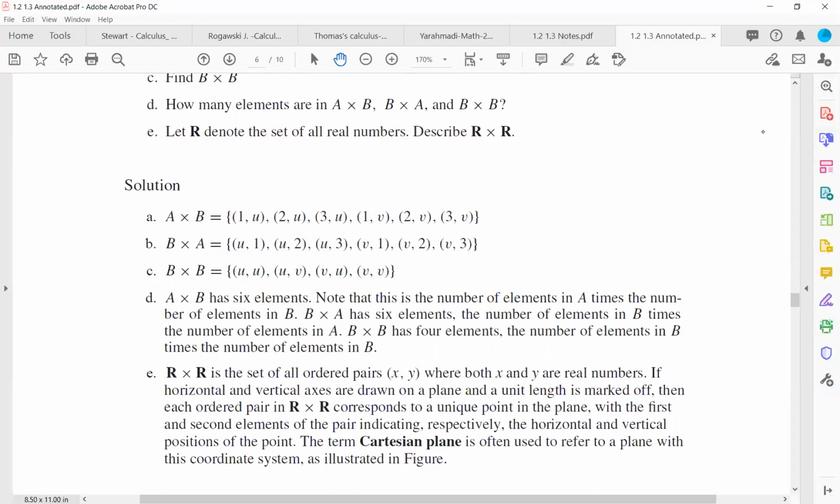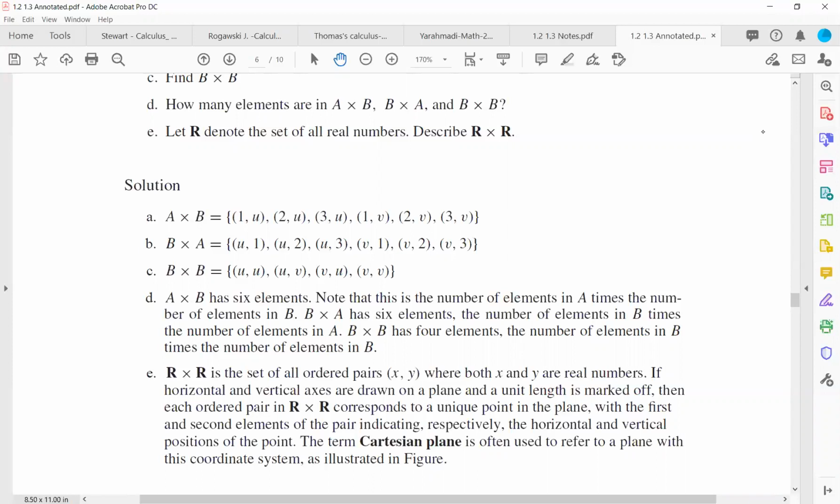Now we are changing the order, B cross A. Now all first elements are coming from B, and all second elements are coming from A. So you have (u, 1), (u, 2), (u, 3), (v, 1), (v, 2), and (v, 3).